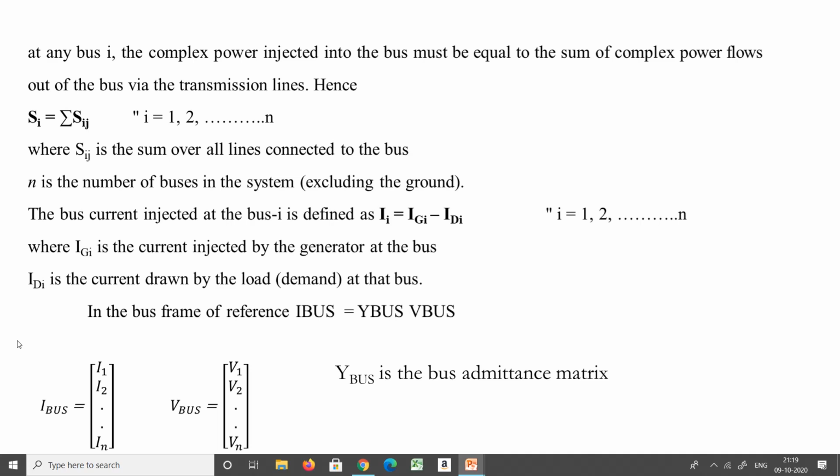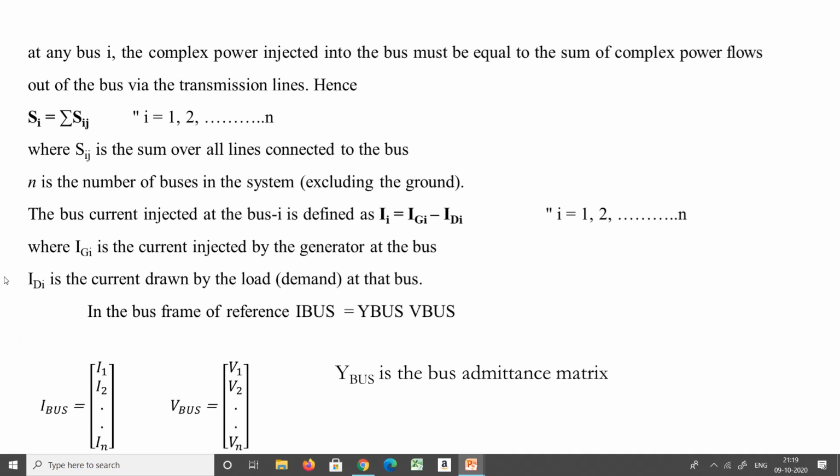As I told, in the power system the sum of the complex power of the generator will be equal to the power of the load plus the total power loss in the transmission line. Here i will be specified as the sum of all lines connected to the bus. N represents the number of buses in the system, excluding the ground.